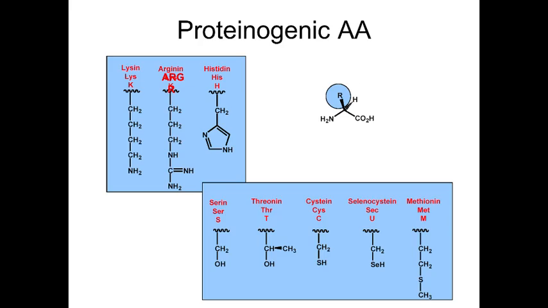Then we have the analog to the cysteine containing a selenium atom that is called selenocysteine. And finally, we have methionine that contains a sulfur atom as well and is characterized by a thioether functionality.